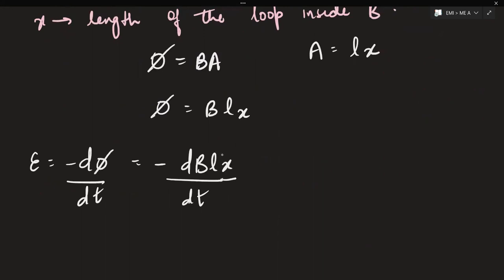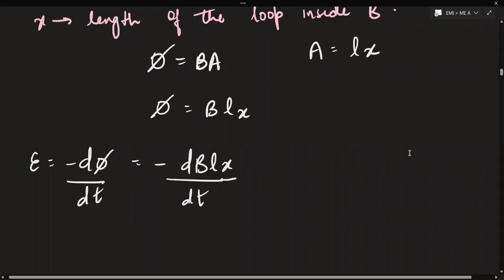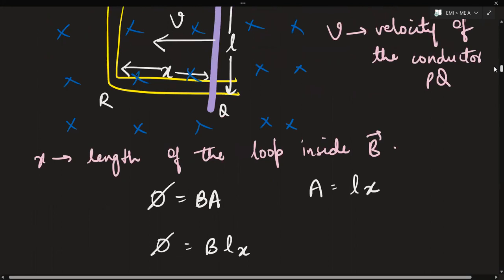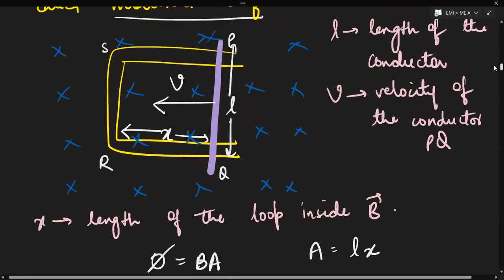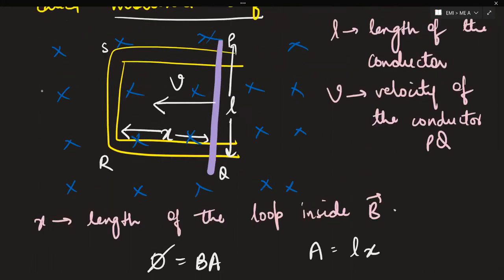Now magnetic field is a constant term because magnetic field lines are fixed in a region that is enclosed. The magnetic field lines are fixed, and the length of the conductor is also finite. You have a specific length of conductor. This will not change, and the number of magnetic field lines will also be the same in a region. But this X will change.